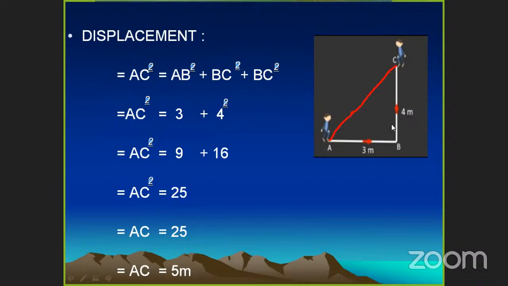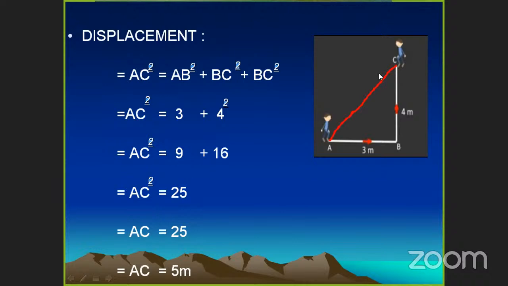AC square is equal to 3 square, which means 3 into 3, 9, plus 4 square, which means 4 into 4, 16. AC square is equal to 9 plus 16, 25. AC, we want the length of the hypotenuse.